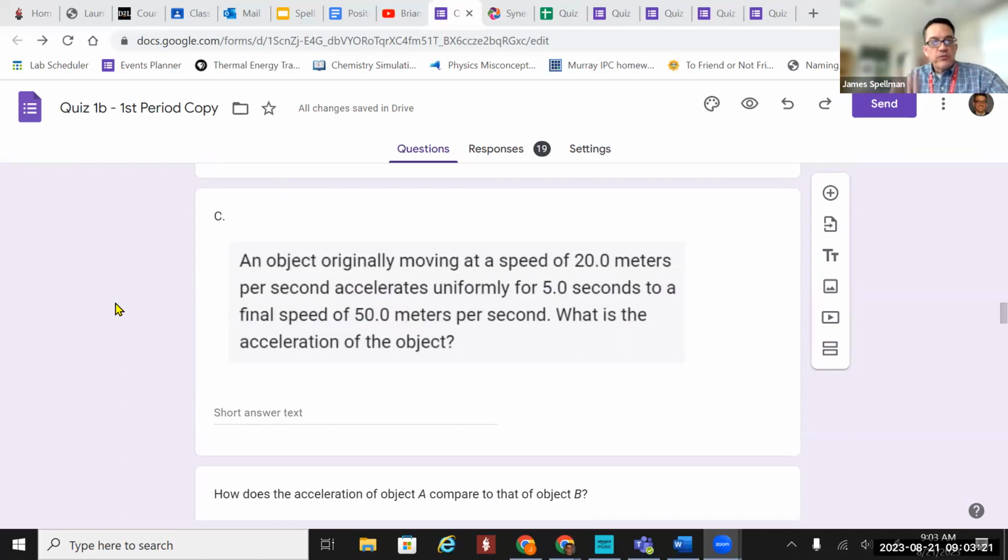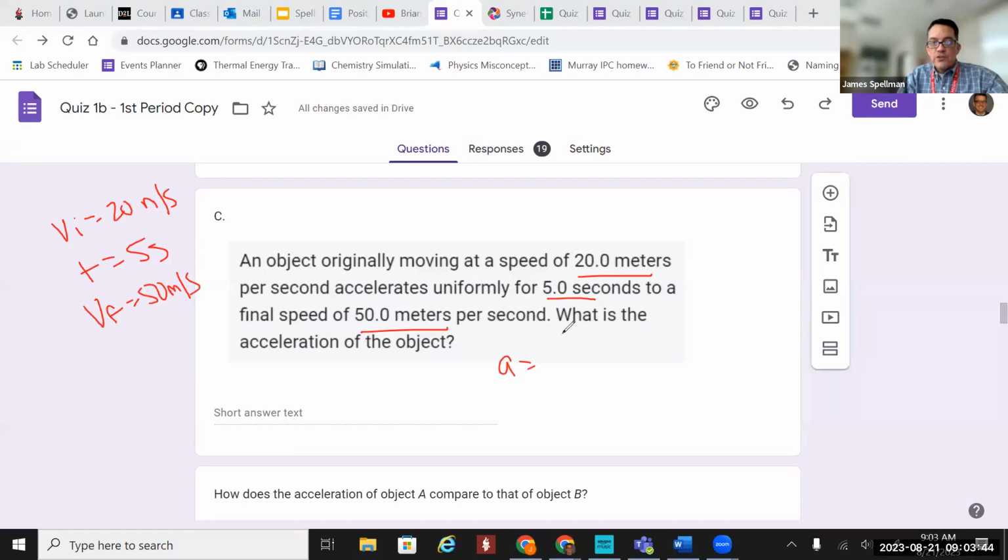This next one, we're looking for an acceleration again. Acceleration is change in velocity divided by change in time. 20 meters per second is our initial velocity. Accelerates for 5 seconds, that's our time, to a final speed of 50 meters per second.